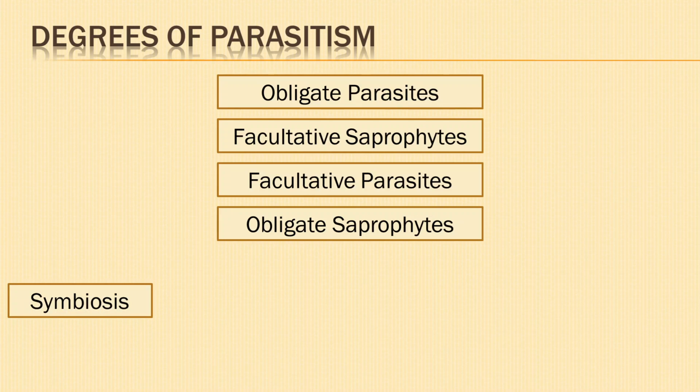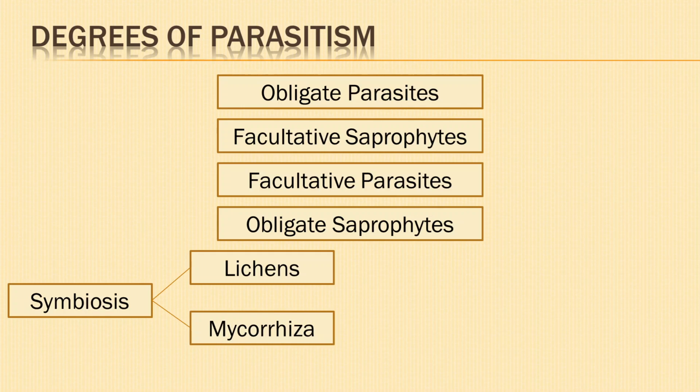Symbiosis. Both partners are mutually benefited. Example, lichens, a fungus living symbiotically with an alga. Second example is mycorrhiza. Myco means fungi, rhiza means roots.